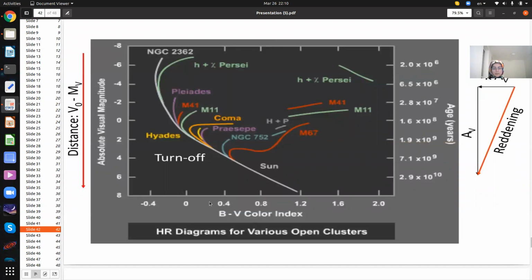Here you see for the turn-off point, we need absolute magnitude and color. For age, we need reddening and distance modulus, and we can get it from the turn-off point. But for reddening, we can use reddening maps, ultraviolet photometry, spectral type, and temperature.